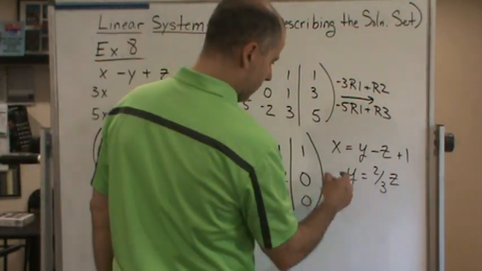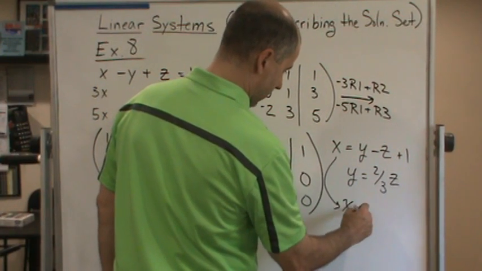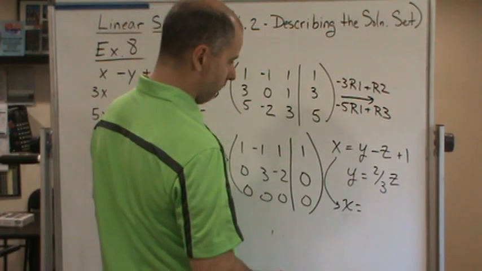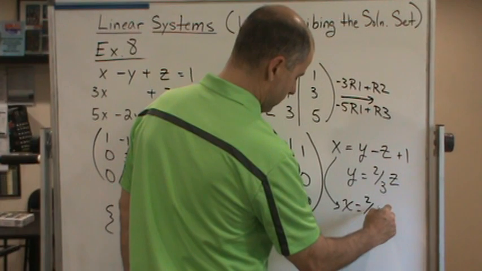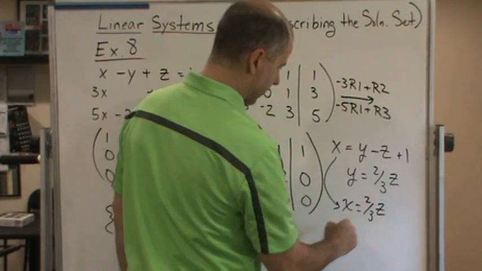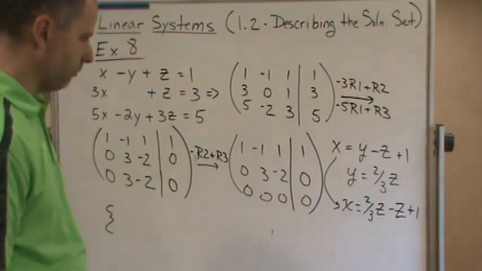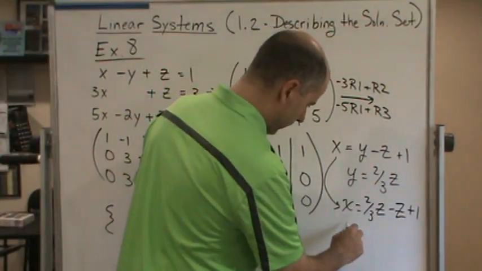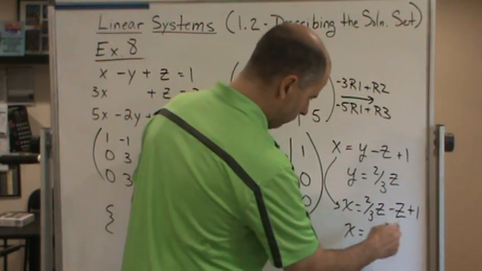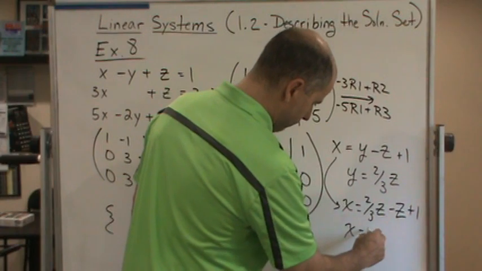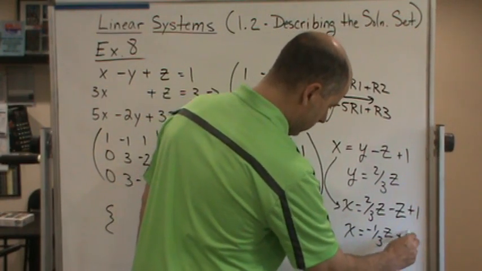But then again, because we're going to do a substitution, that means that X is equal to what? 2/3 Z minus Z plus 1. And of course, what we're going to end up with is X is equal to, so it's going to be minus 1/3 Z plus 1, right?